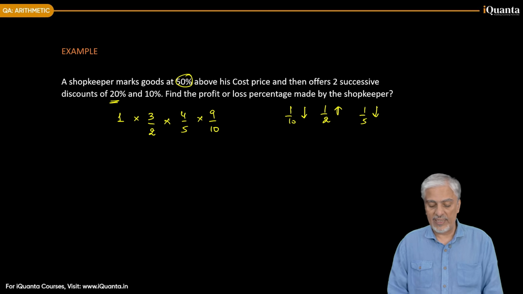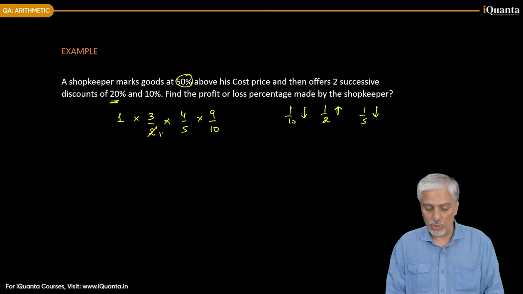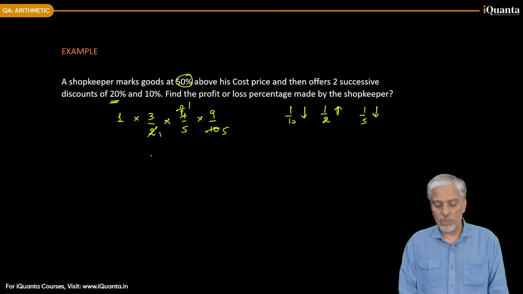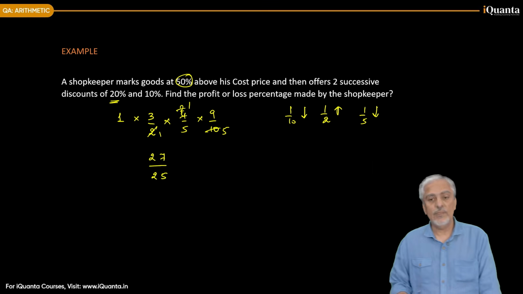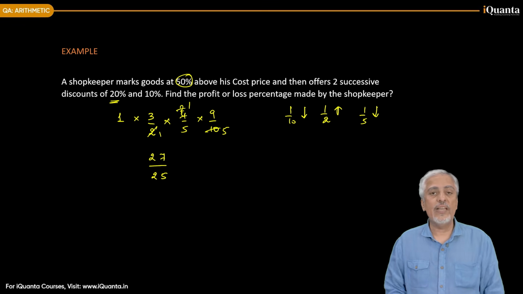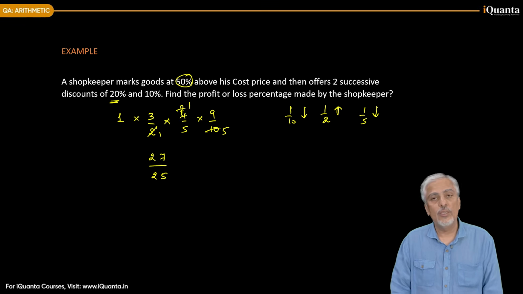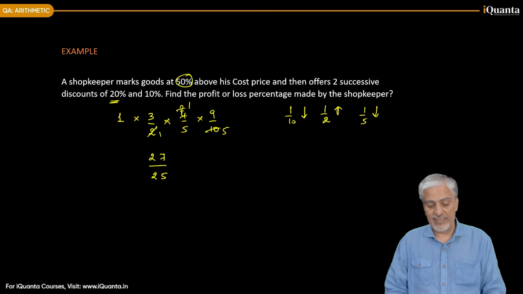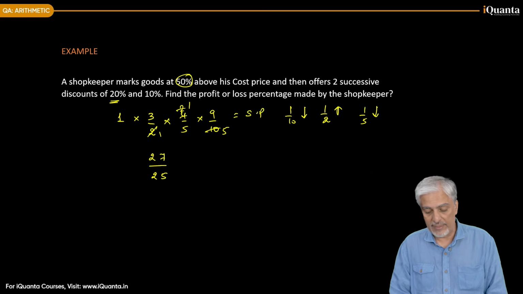Let's cut whatever we can cut. I think there's only one thing really cutting. 2 ones are 2, 2 twos are 4. Maybe one more thing. 2 ones are 2, 2 fives are 10. Okay. So basically it has become 27 by 25. Now pay attention. This is a fraction and this becomes your selling price.